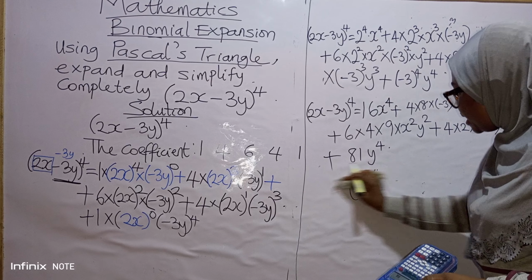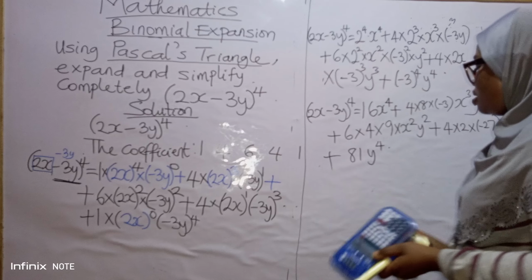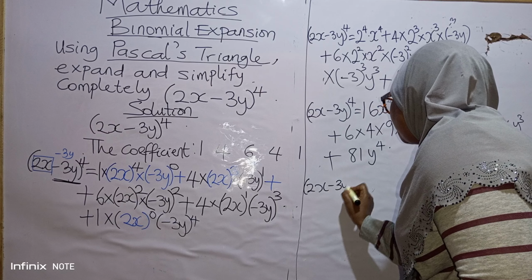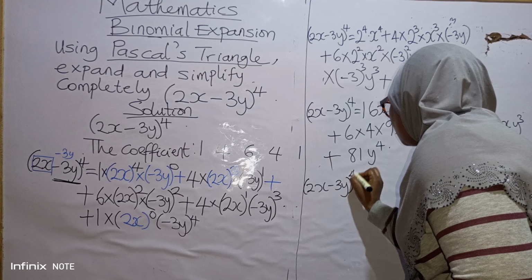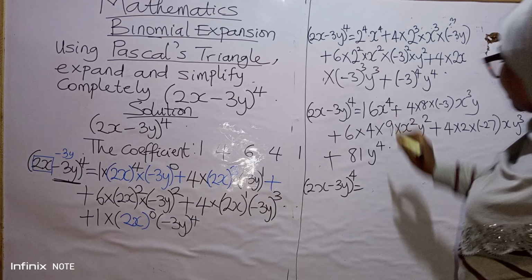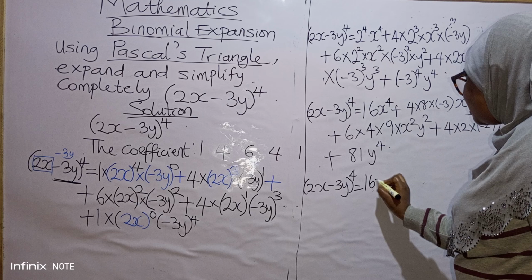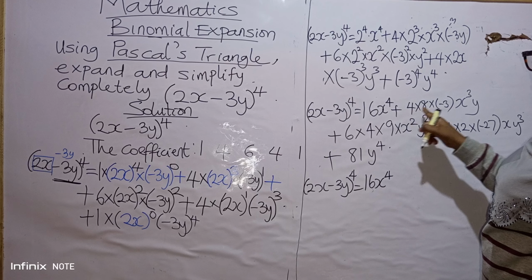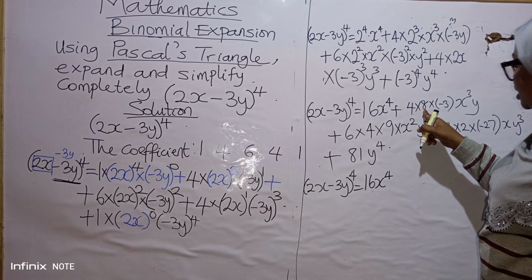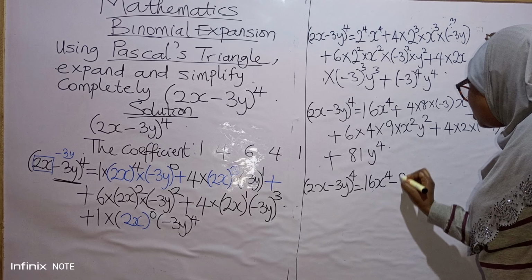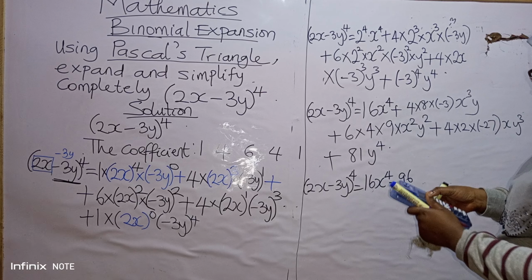So let's complete everything. So 2x minus 3y raised power 4 will now give me 16x raised power 4, then 4 multiplied by 8, 32, multiplied by minus 3, that is minus 96. So minus 96, let's check so that we don't make a mistake.